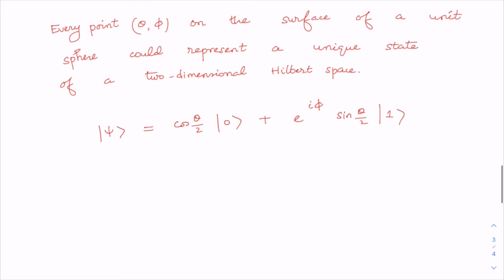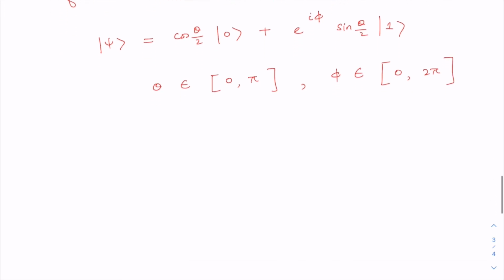The range of the values for theta and phi are such that they cover the whole sphere without repetition, and theta will lie between 0 and pi. On the other hand, phi would lie between 0 and 2 pi. Theta corresponds to the latitude and phi corresponds to the longitude, as you may already know.